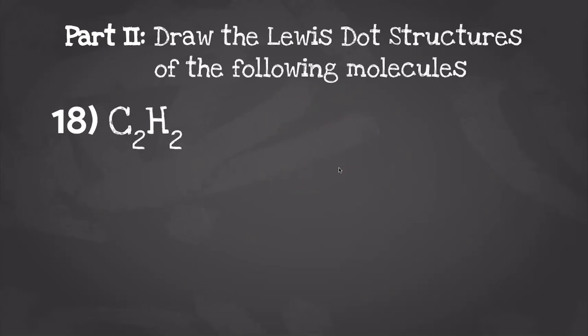For our next one, we have acetylene. Carbon is going to have 4 valence electrons. We have 2 carbons. I'm going to have 2 hydrogens. And when I move some of my pieces around, doing this, each carbon is only going to have 6.